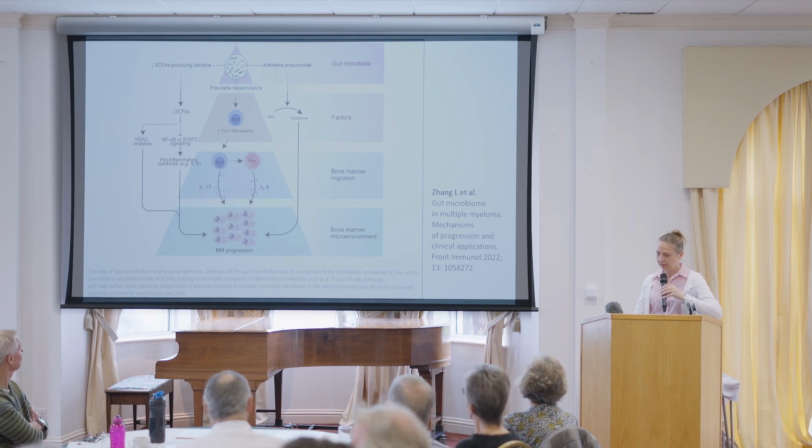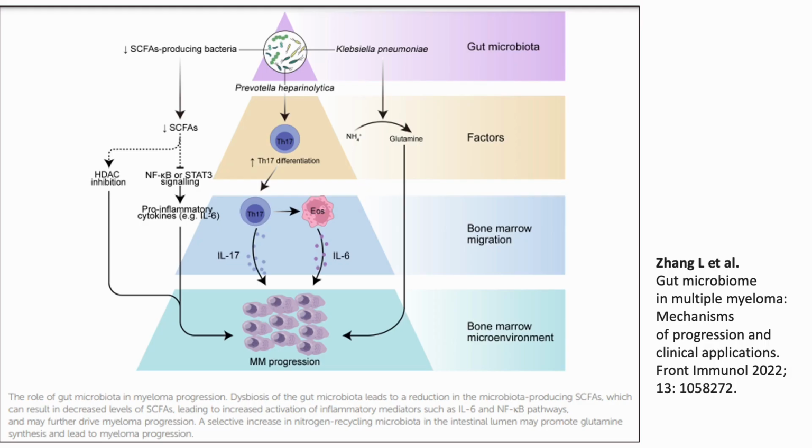This is a very nice and quite simple scheme. We can see that Prevotella can lead to the differentiation of Th17 cells, which I mentioned, production of that interleukin, and then progression of multiple myeloma in the bone marrow microenvironment. We also will speak about Klebsiella once again.